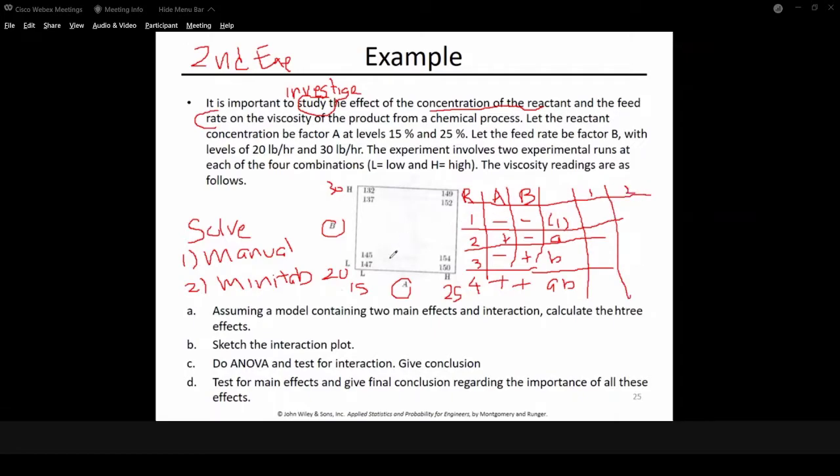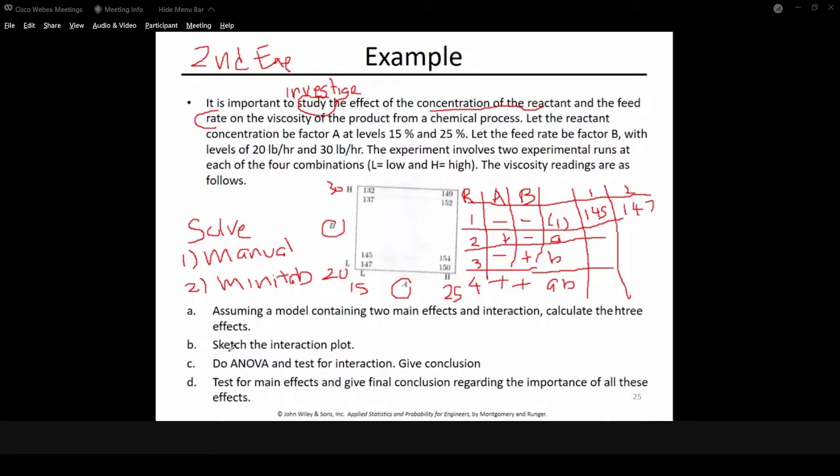First replicate for A low here is 145, put here, and then 145, 147, and the rest. From this graphical diagram, you must be able to put the data into the data collection matrix. This is how to understand the problem, to understand the issues.